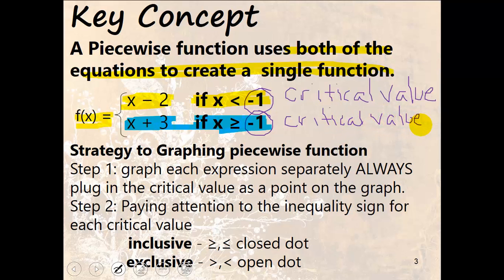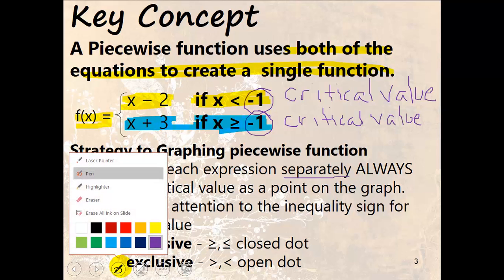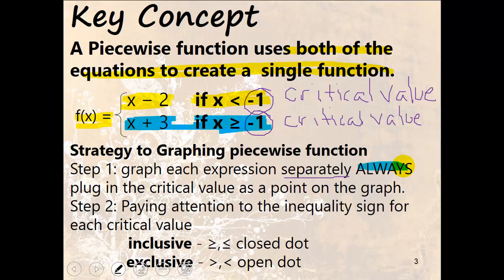So whenever we go to graph a piecewise function, our strategy pretty much stays the same. You're going to graph them separately, individually, but on the same coordinate plane, and you're going to always plug in the critical value as a point on the graph in whichever piece it occurs.